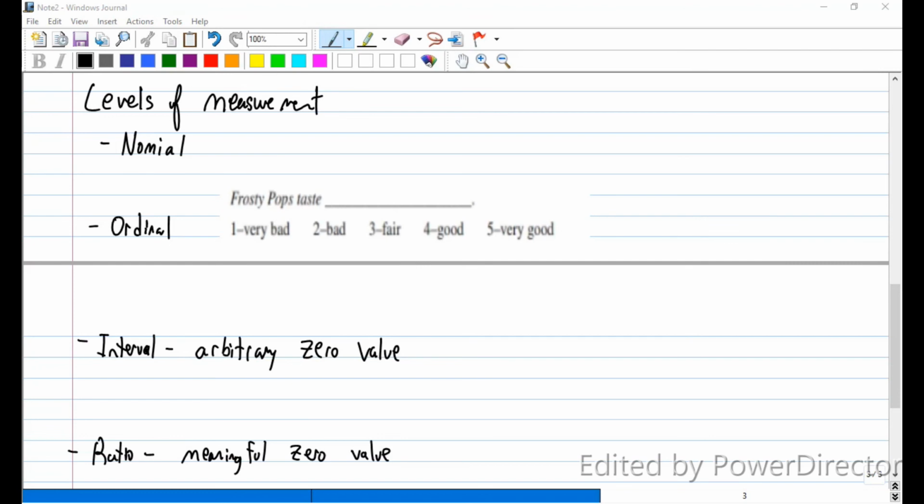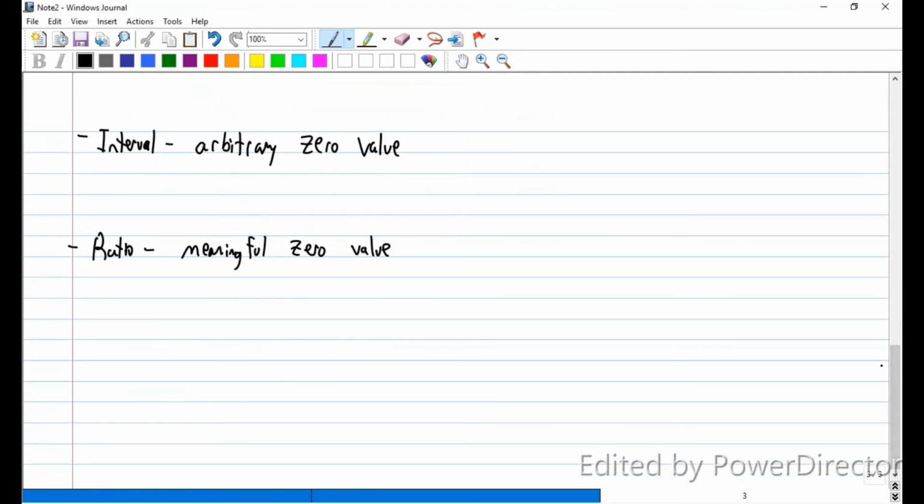Now, 2 ways to categorize data. We can categorize data as qualitative or quantitative.